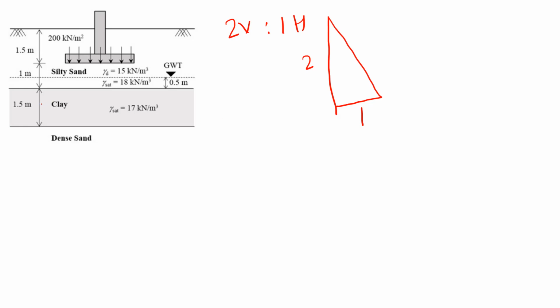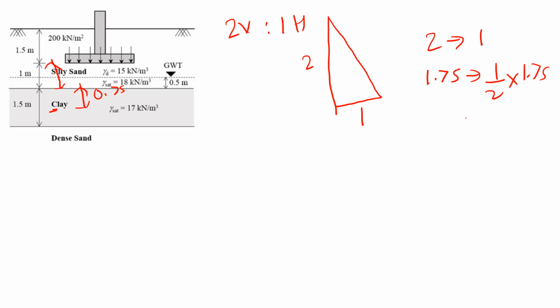At the mid of the clay layer, this would be 1 and this would be 0.75. So for every 2, we have to increase 1. So for 1.75, we have to increase by 1 by 2 into 1.75.